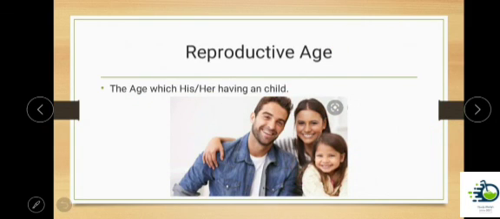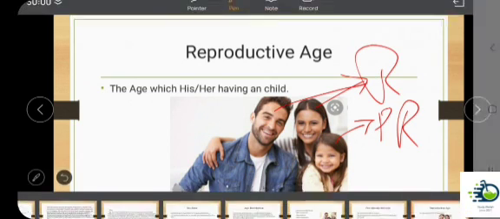Now, the reproductive age is the age at which he or she can have a child. Here is another example: this child is pre-reproductive and these two are in the reproductive stage.